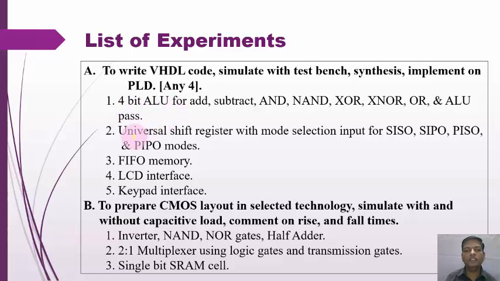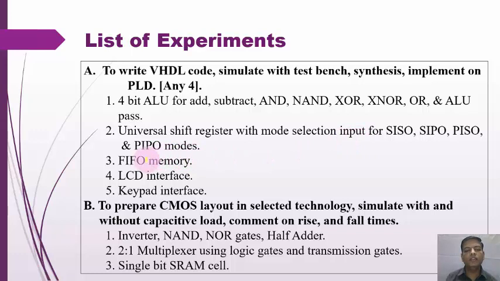The second practical is the universal shift register with mode selection input for SISO, SIPO, PISO and PIPO modes: serial in serial out, serial in parallel out, parallel in serial out, and parallel in parallel out. So we study the universal shift register with all the mode selection inputs.